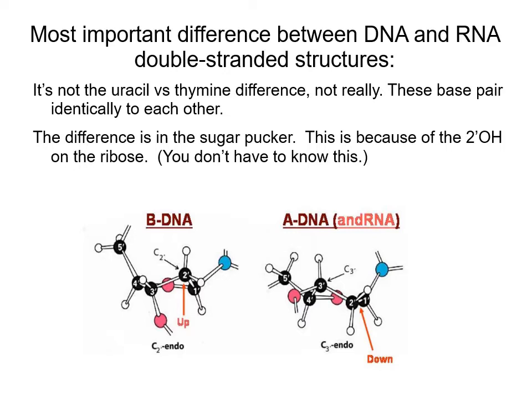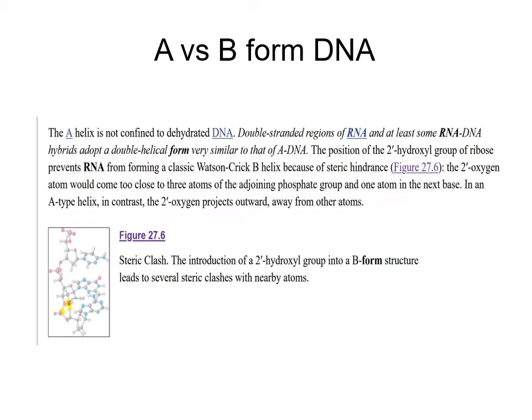This is a steric issue because of the 2' hydroxyl on the ribose. This is from an actual biochemistry book: the steric clash involves the 2' hydroxyl in the B form and therefore drives the A form because of the difference in the sugar pucker.